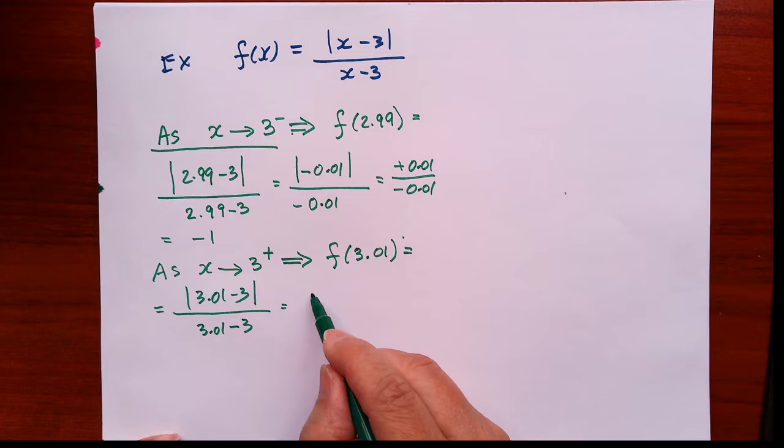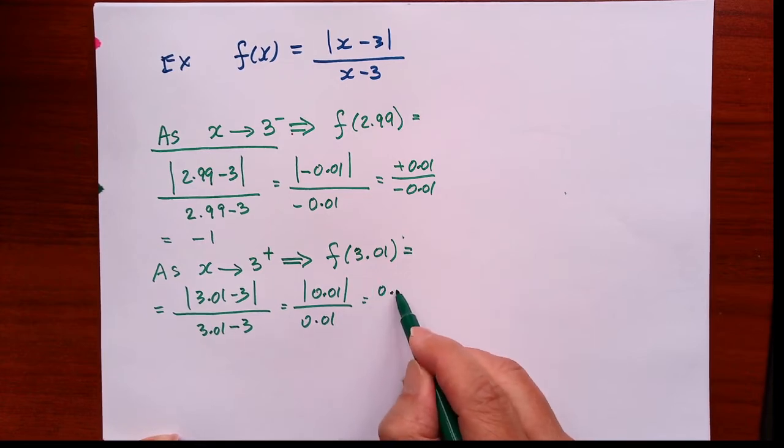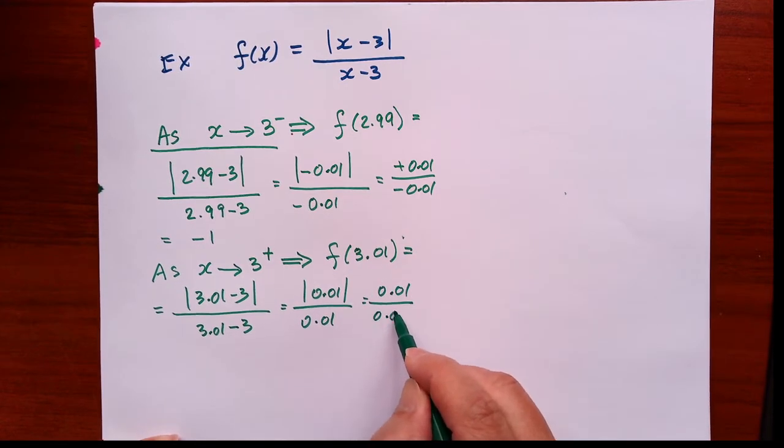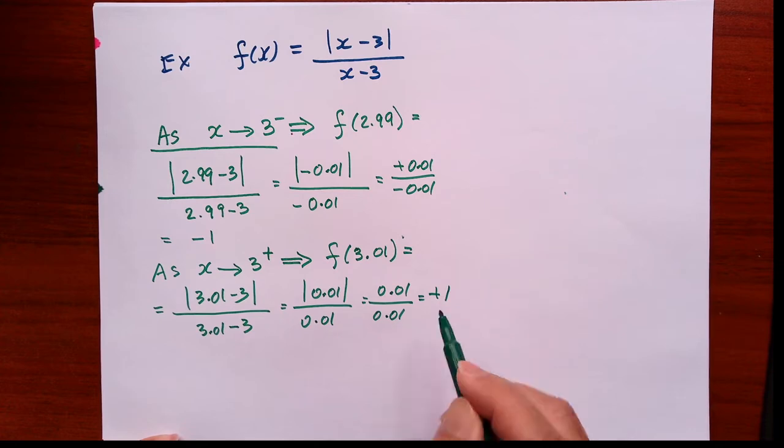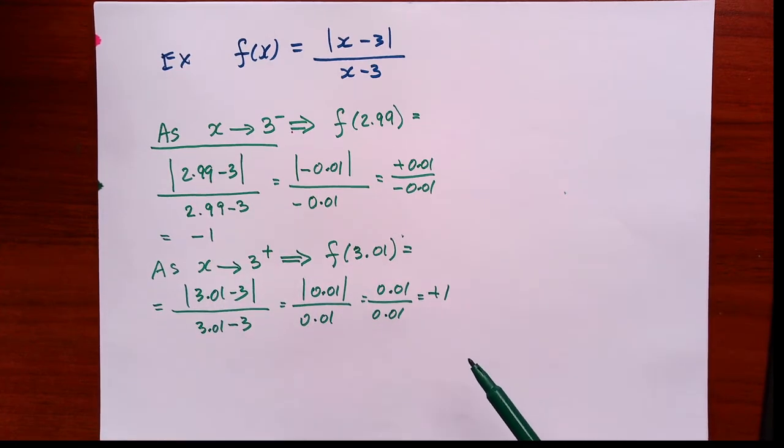So this would be 0.01 absolute over 0.01, which is plus 1. So we have minus 1 and plus 1. Looks interesting. Let's see how it behaves.